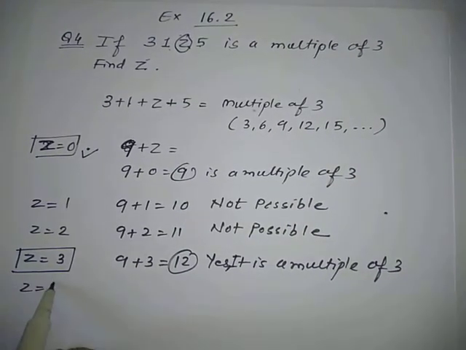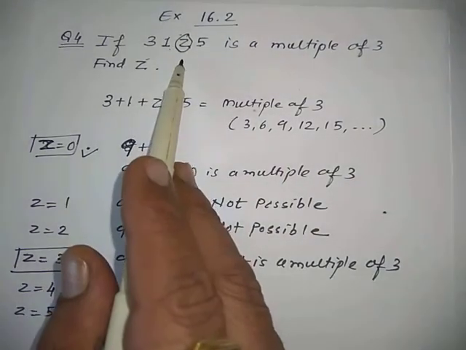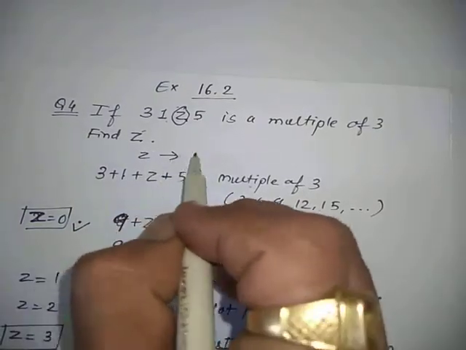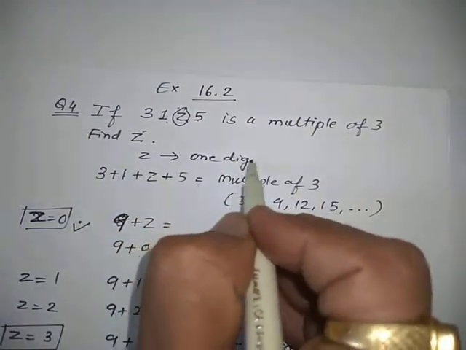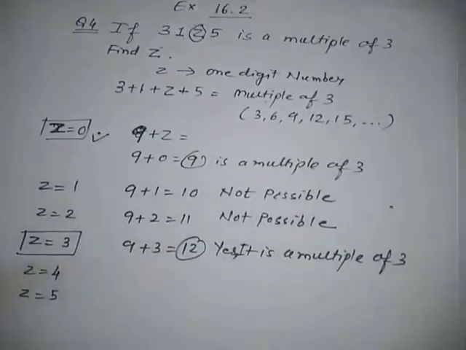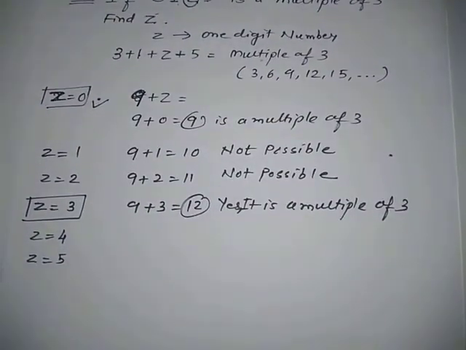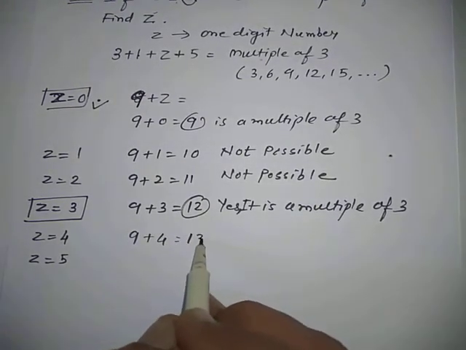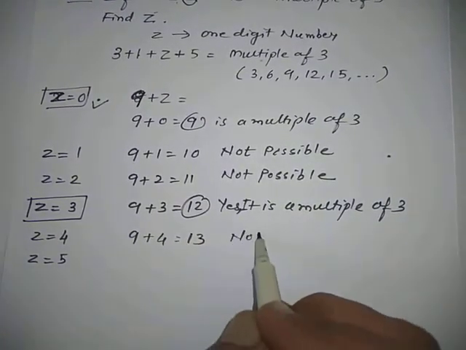Then z is equal to 4, z is equal to 5, because we want z value as a 1-digit number. So up till a 1-digit number means up till 9 we can check. So 9 plus 4, it will be 13, not possible.